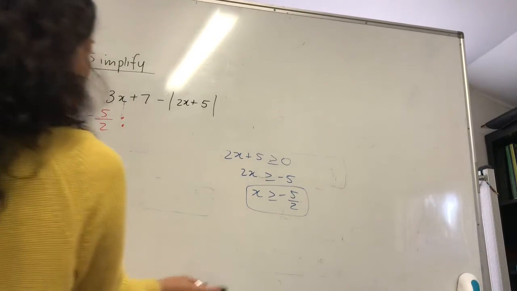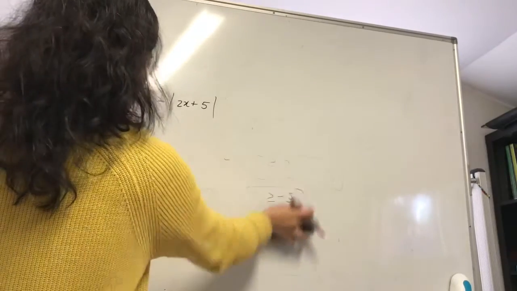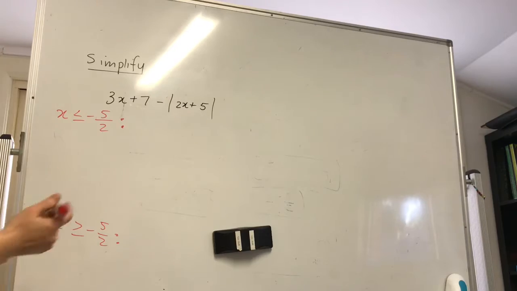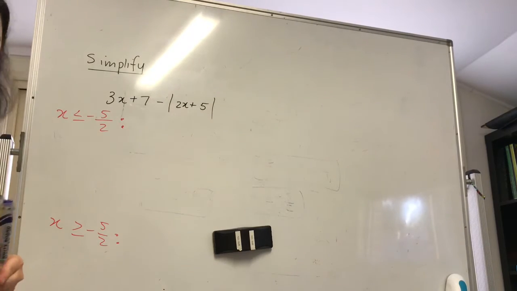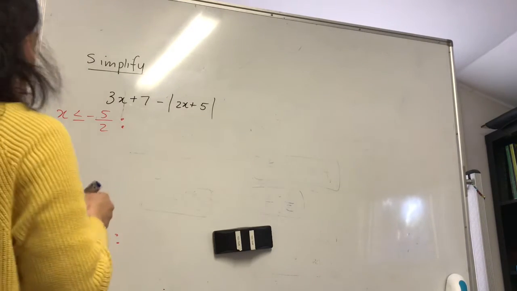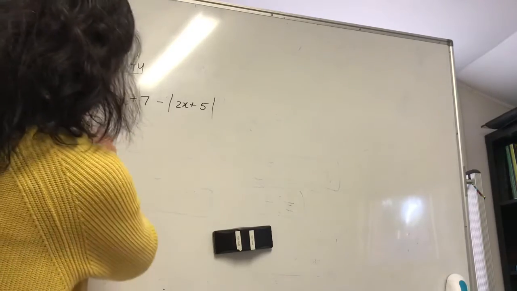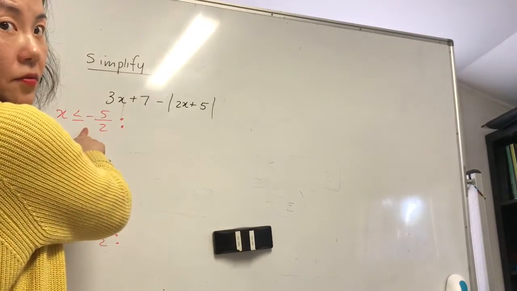That's 2 cases, because we don't know what x might be. X could be a positive number, x could be a negative number, right? It depends on this. So let's have a look.